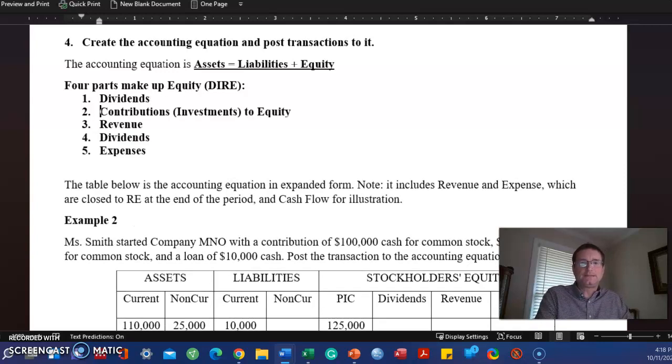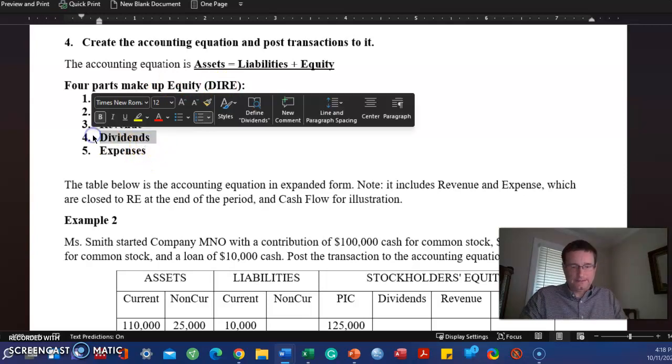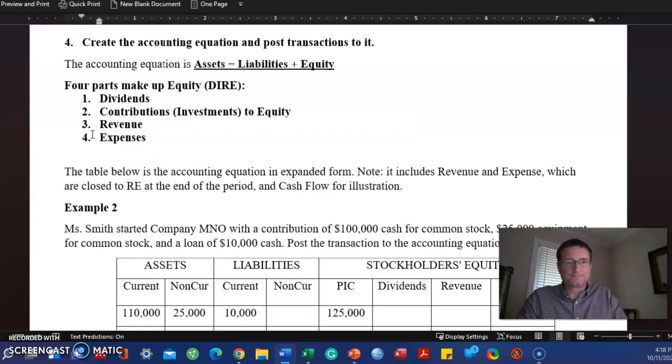So dividends is D, contributions, which is what we were calling it in AddyClear, so I kept that consistent, is I for investments, then revenue, expenses, and we'll get rid of dividends now. D-I-R-E, Dyer. It works. I used these in college to get through when I needed to memorize things quickly. So AddyClear and Dyer, I think that'll help a lot if you choose to use it.